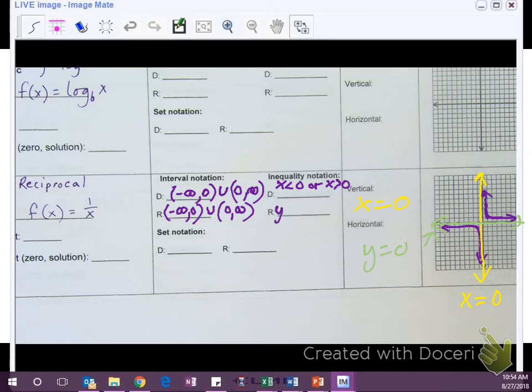And the same is true for the range. The y's that are less than 0 or the y's that are greater than 0. You do have to write these separately. You can't put y in the middle and have the symbols going opposite directions in one sentence. You have to have two parts to the sentence. And then for the set notation, you just put those inequalities into it.